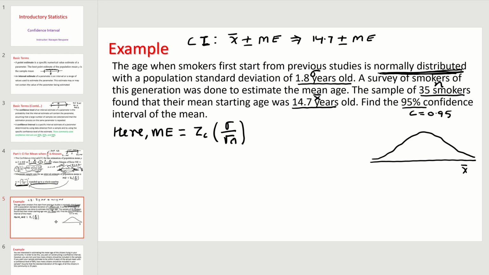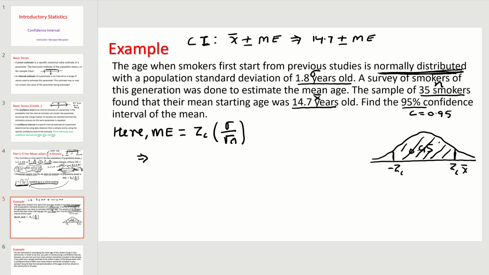Now I want 95% confidence. So this area in the middle should be 0.95, and I need this z critical. I just need the positive value. So we can use the inverse normal function from our calculator and find that value.